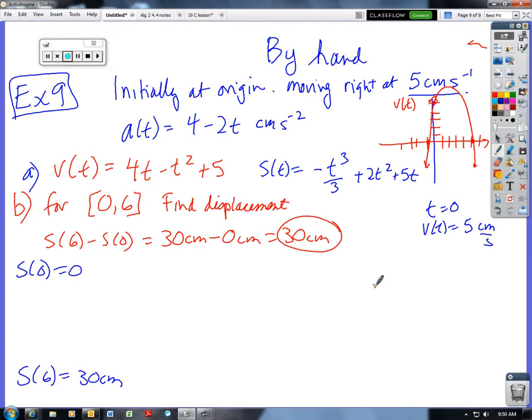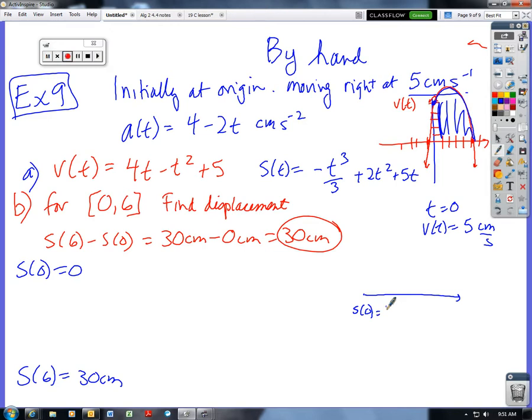So in order to find the total distance traveled, we need to make another one of those motion diagrams. And we are starting at 0. So it starts at 0 here. And because your velocity is positive, I mean it's above the x-axis, it's going to the right. It's going quite a ways to the right because this is quite a bit of area under here. So it's going to the right, starting at s of 0.